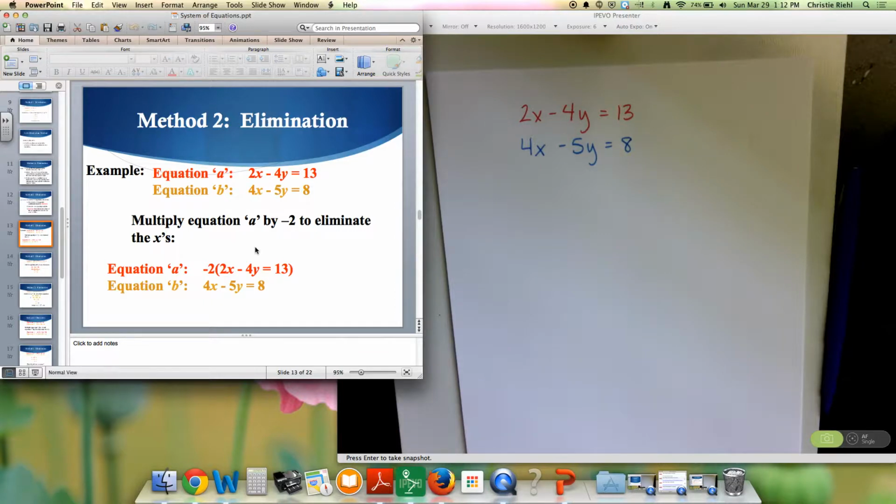All right, so you have your two equations here, and right now you are working on setting up a solution using elimination. So you're going to have to manipulate one of these two equations so that when we go to add them, the coefficients turn to 0 for one of these variables.